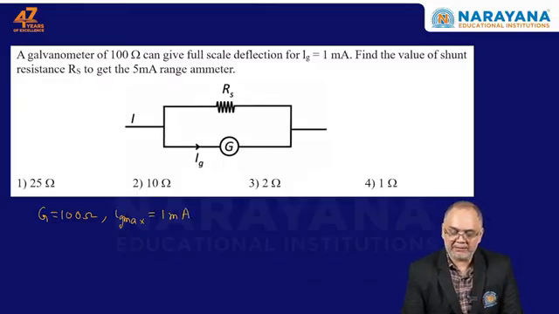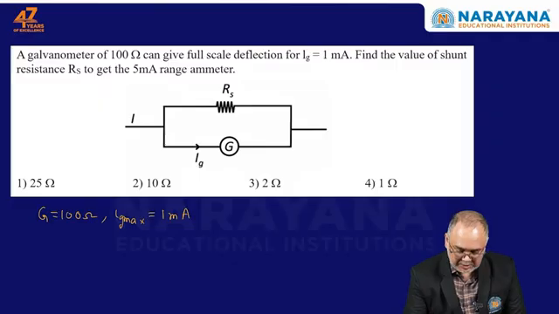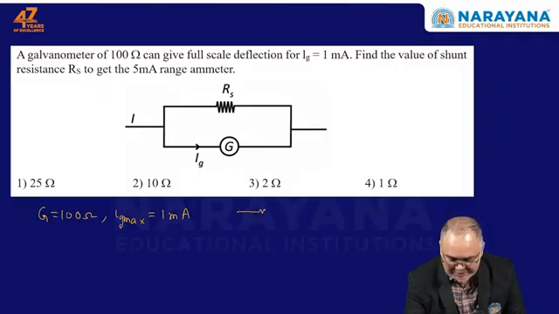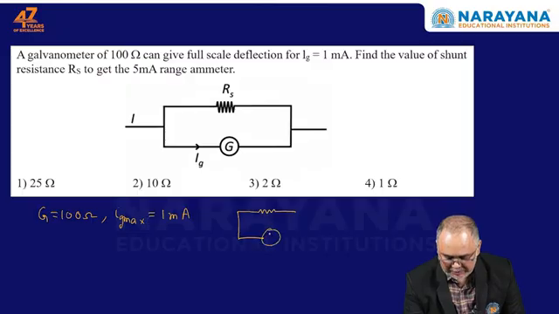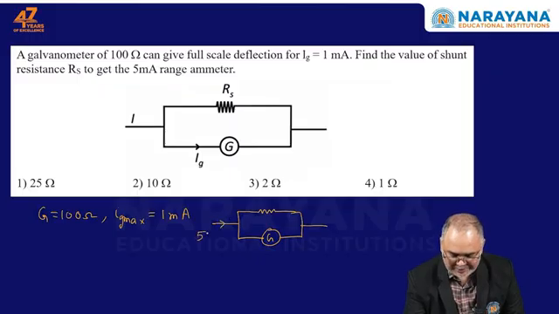So we have to find the value of shunt resistance Rs to get the 5 milliampere range ammeter. Here in the diagram, we are connecting the shunt resistance in parallel with the galvanometer. So how much current is flowing here? That is 5 milliampere. Full scale deflection current here is 1 milliampere.